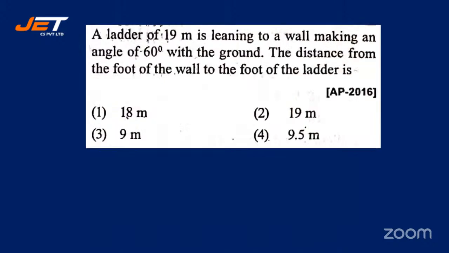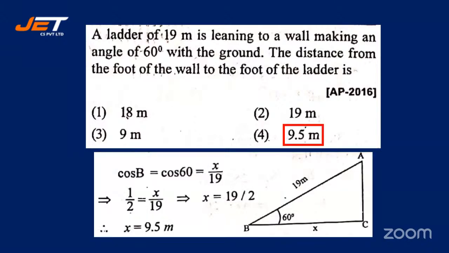See the next question. A ladder of 19 meter is leaning to a wall, making an angle of 60 degrees with the ground. The distance from the foot of the wall to the foot of the ladder is dash. You can see here 19 meter is the hypotenuse.